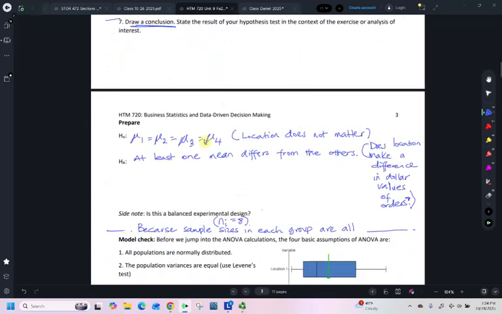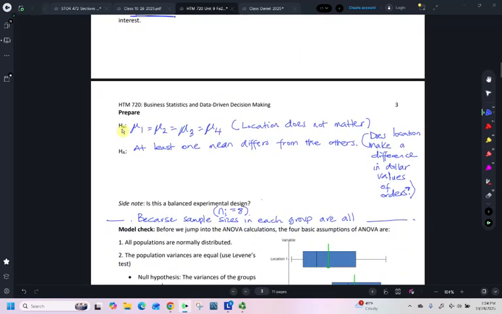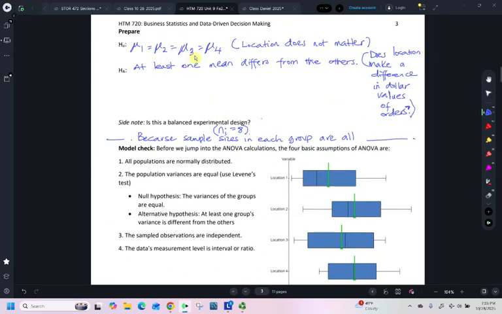That is, our null hypothesis will say that the average dollar value across location 1, 2, 3, 4 does not differ. Remember, the null hypothesis is always the hypothesis of no difference. In other words, it establishes what? Independence. Independence between location and the dollar values of customer orders.